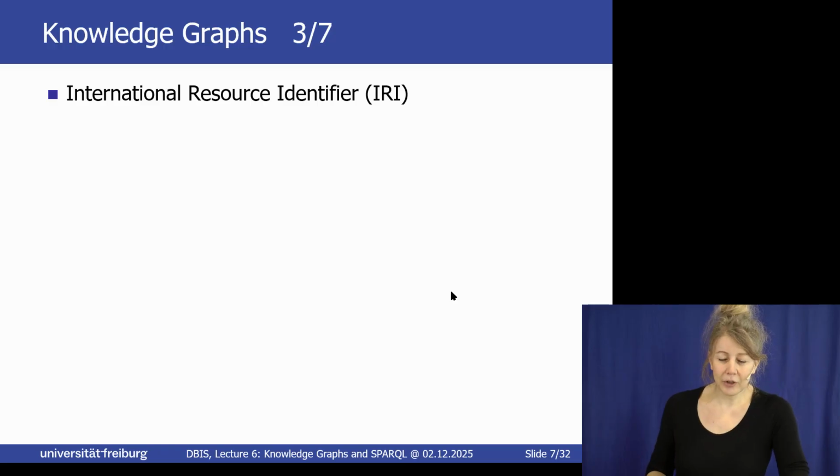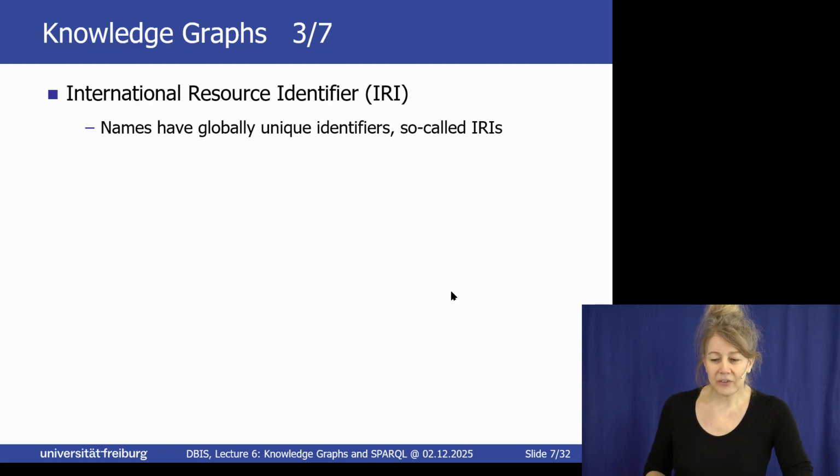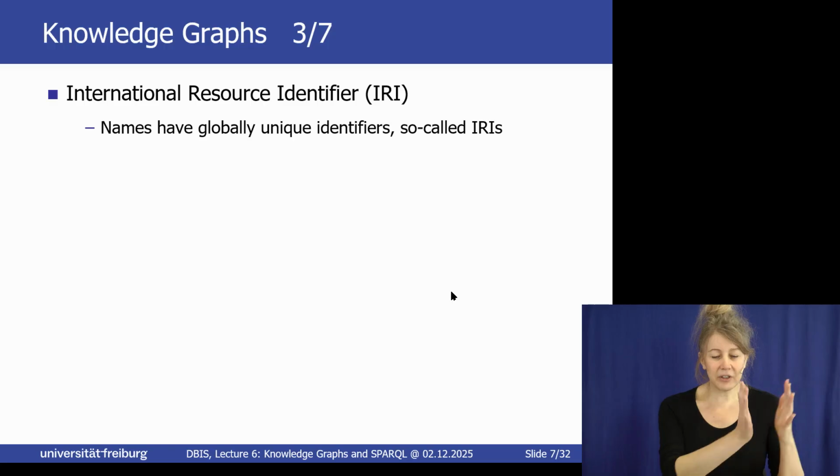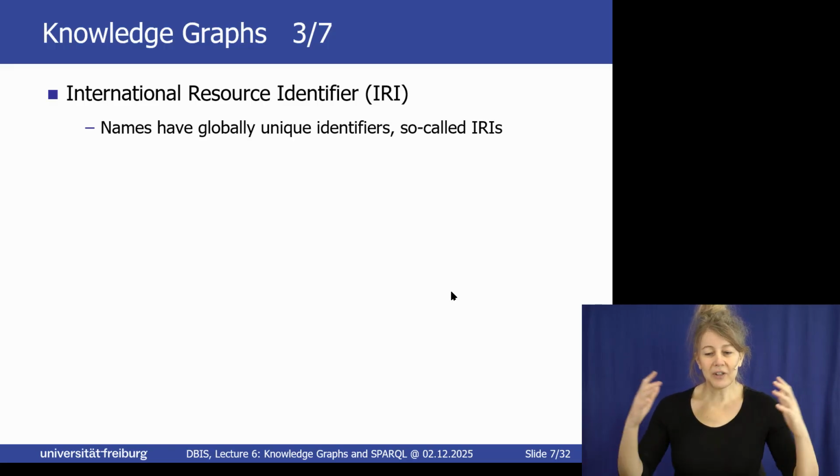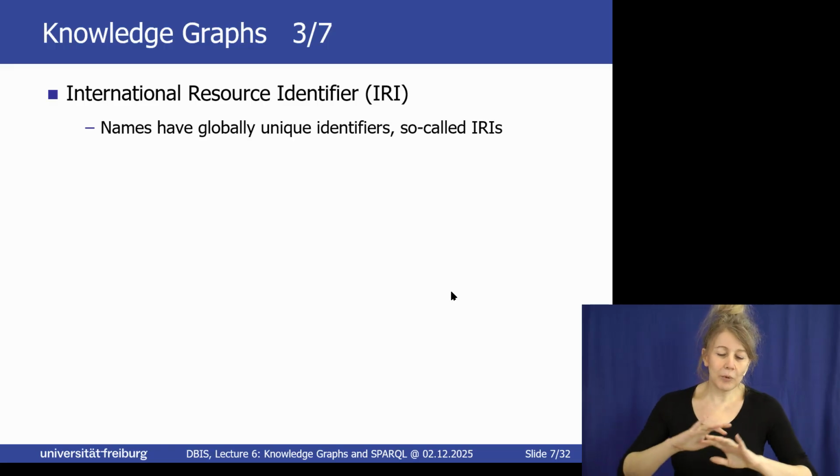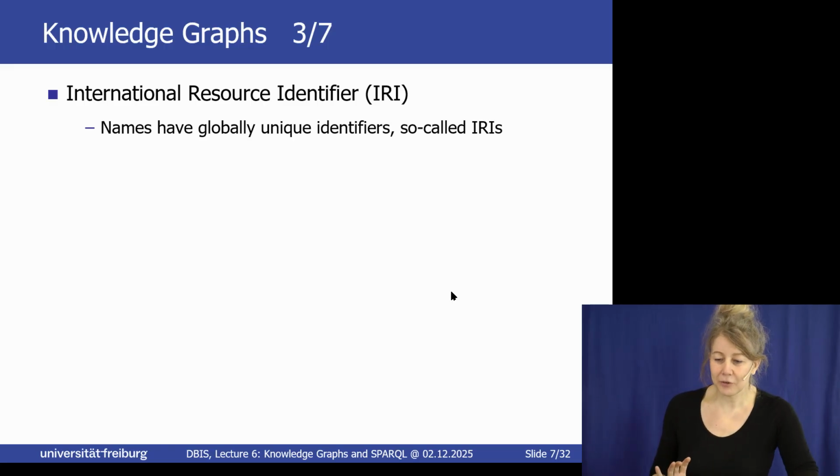Here's an important concept: why these angle brackets? It's called an International Resource Identifier, and that is what all these entities are. I just had the name there, Nicole Kidman. In reality, these have a globally unique name. Globally means for the whole planet, Earth. And this should sound familiar.